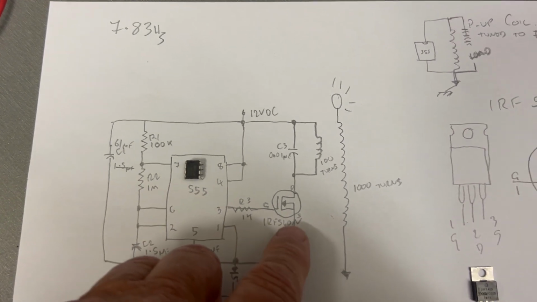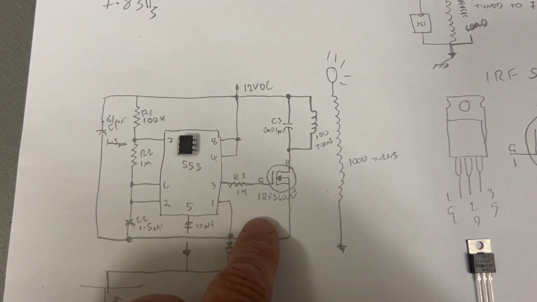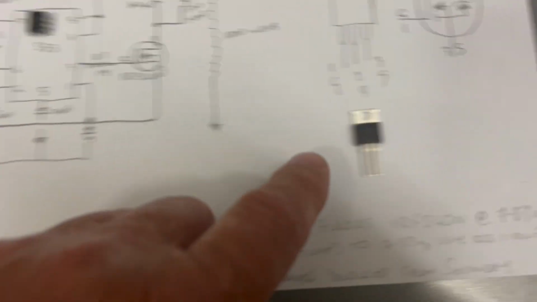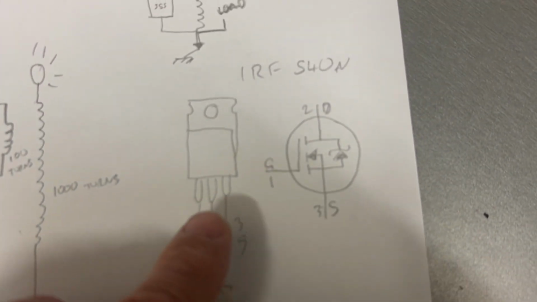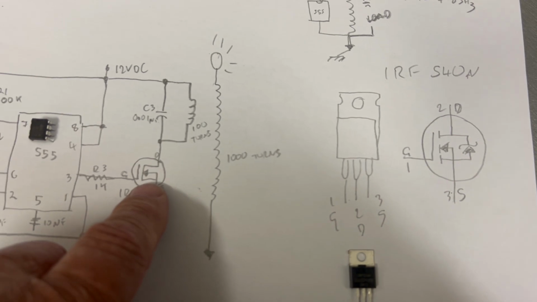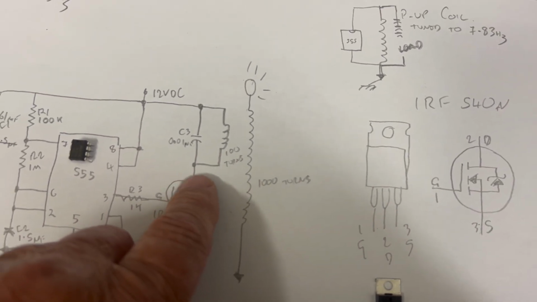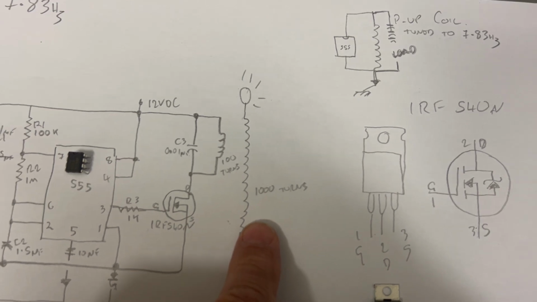Then that drives this IRF 540N, and that drives the primary, which will be 100 turns, and that induces a secondary, which will be 1,000 turns.